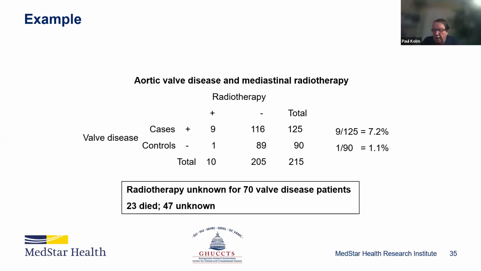So how do we impute data in this case? Well, what we're going to do is use the data that we have to impute cells such that we have complete data. So we have 215 that have complete data, but we have 285 total patients that have some data.